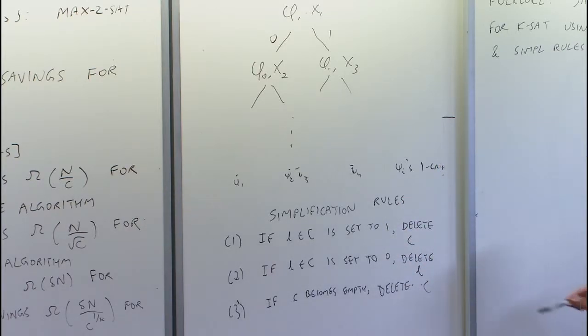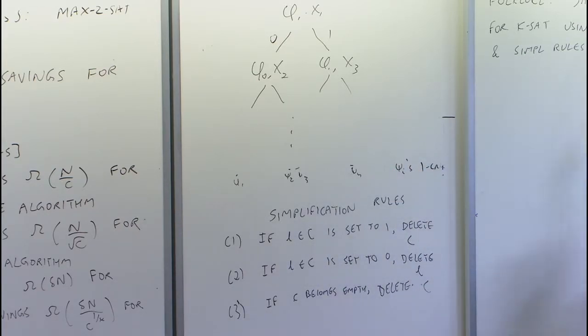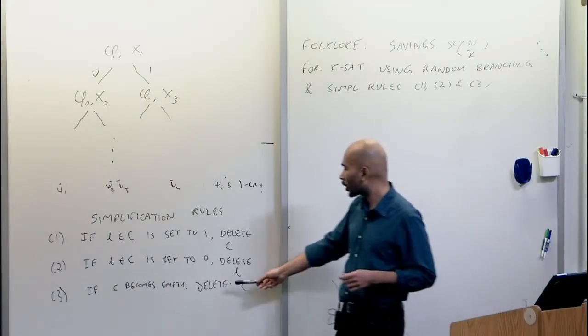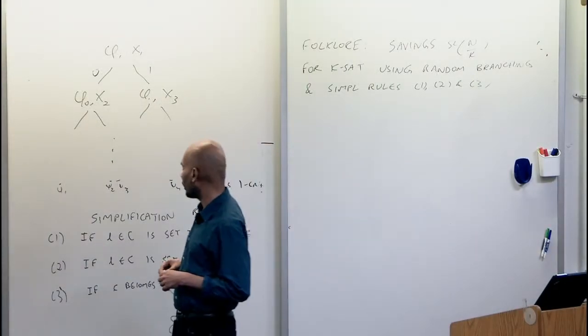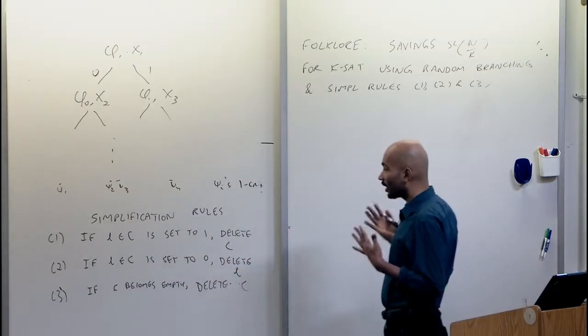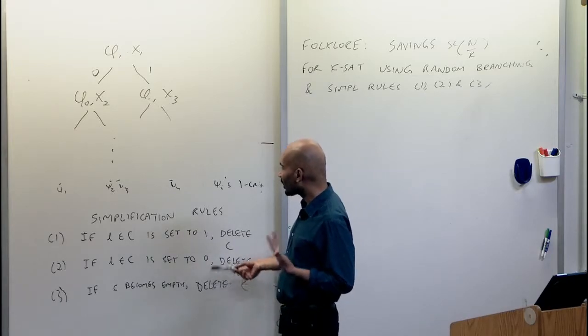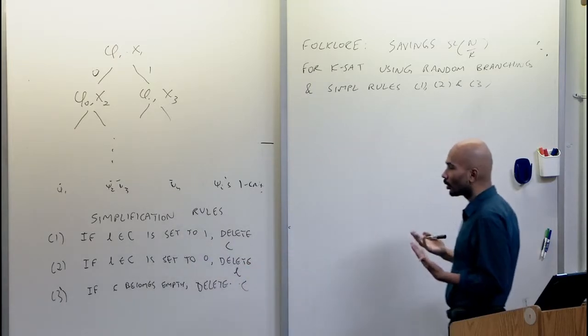But with this simplification rule, a lot of the advantage we were getting to get savings omega n over k was from using the simplification rule that the function became a 0 when C became empty. Because that was going to happen with significant probability, and that's going to give us our advantage. So the fact that we've relaxed the simplification rule so much, it is unclear if we will get anything at all now.